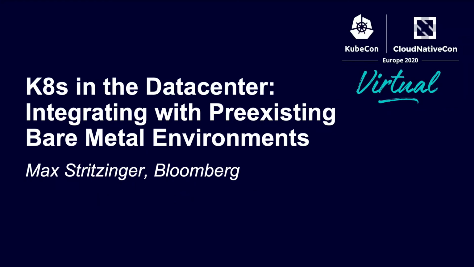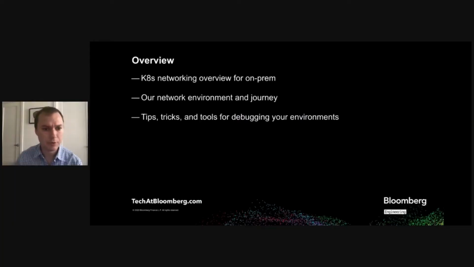I'm an SRE at Bloomberg, and today I'm going to talk about integrating Kubernetes networking into bare metal or on-premise environments. So just an overview of this talk. The first thing I'm going to go over is the basics of Kubernetes networking. I'm going to talk about what the options are for implementing that network model on-prem or on bare metal.